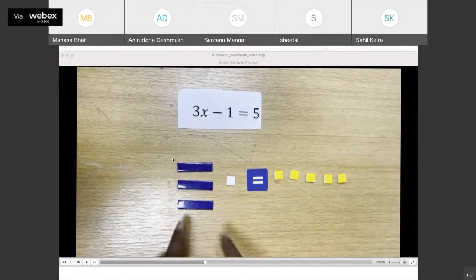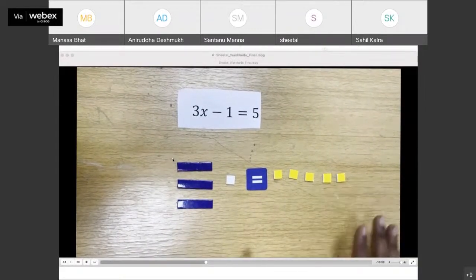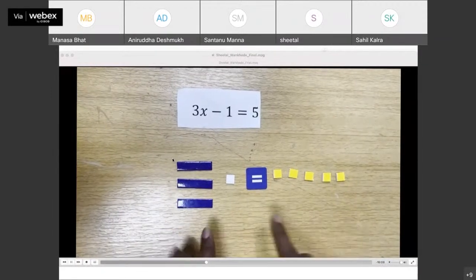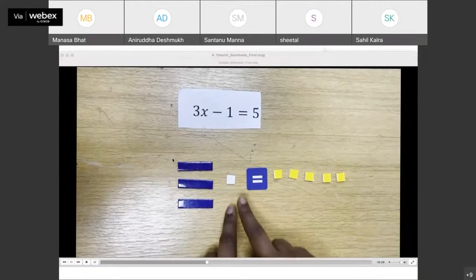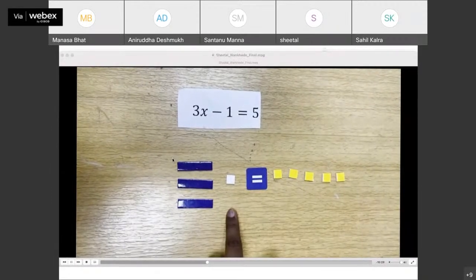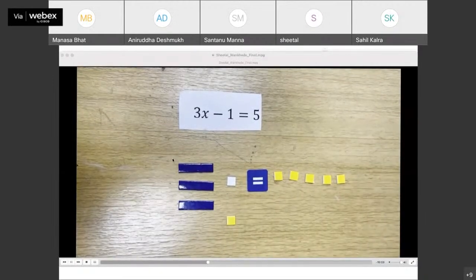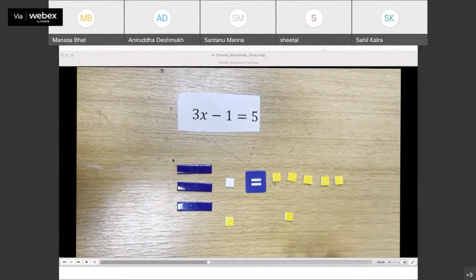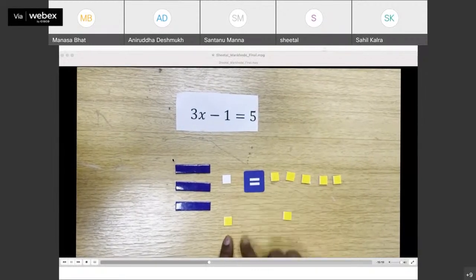Now we need to solve this model to find this variable x. So first we need to balance this equation. So we have this minus 1. So if we add plus 1, so they make 0 pair. So we add plus 1 both side. Then this make negative 1 and positive 1, they make 0 pair.